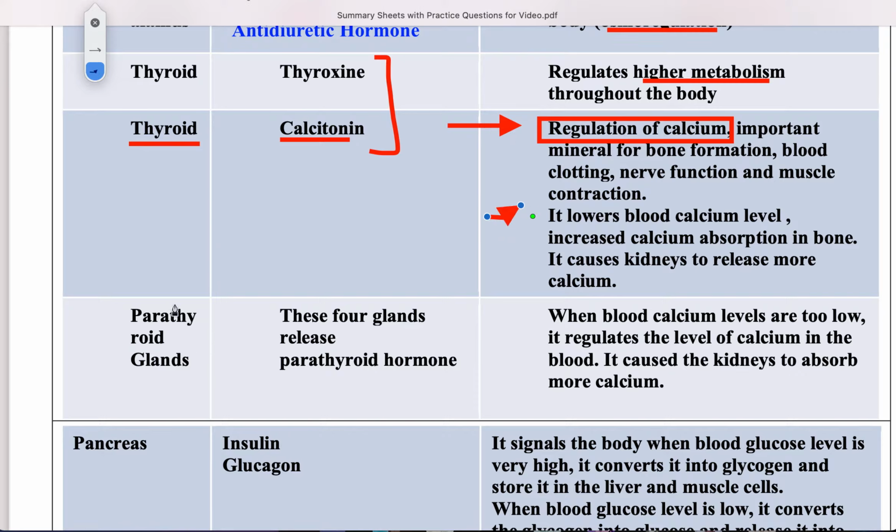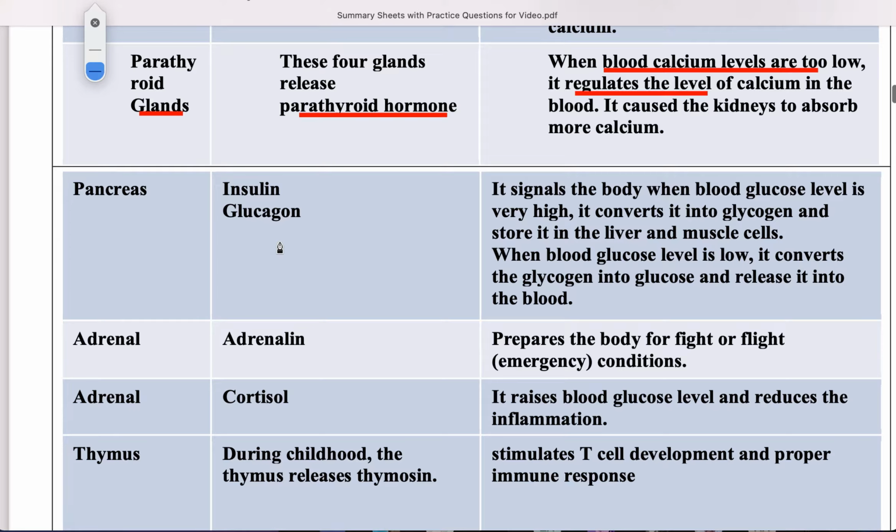And now look over here, the parathyroid gland releases parathyroid hormone, and it increases the calcium level. So when the blood calcium is low, it increases the calcium. So calcitonin decreases the calcium, and parathyroid hormone increases the calcium. So these two hormones work in pair.